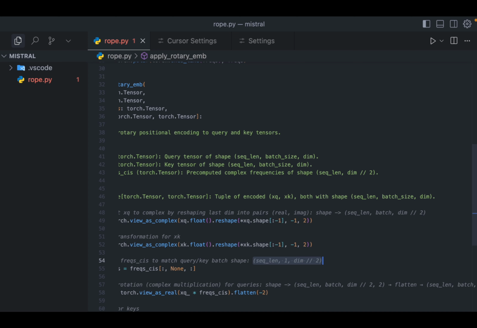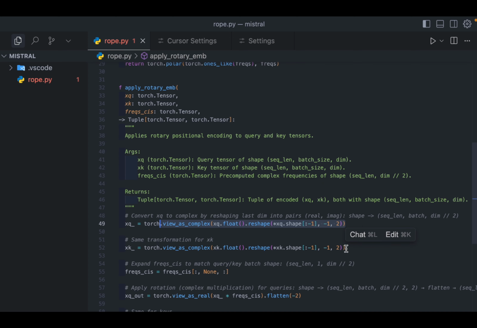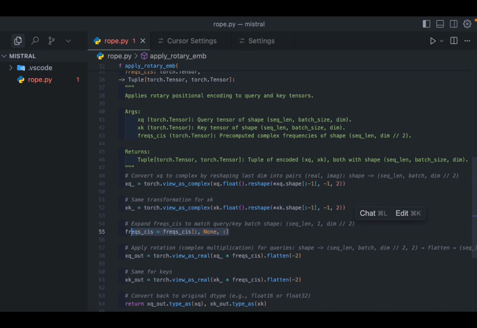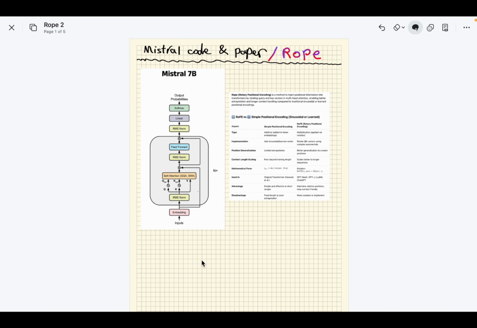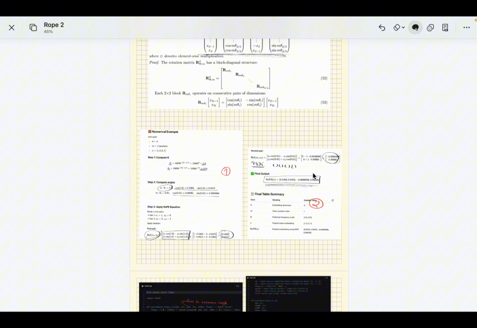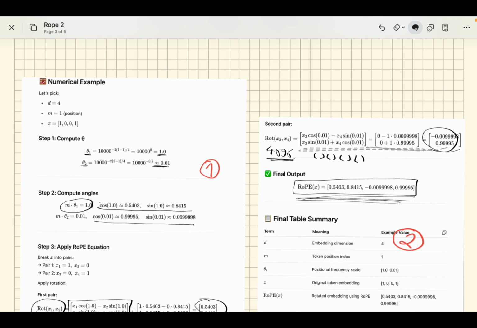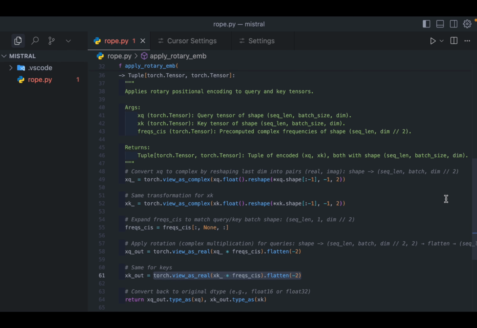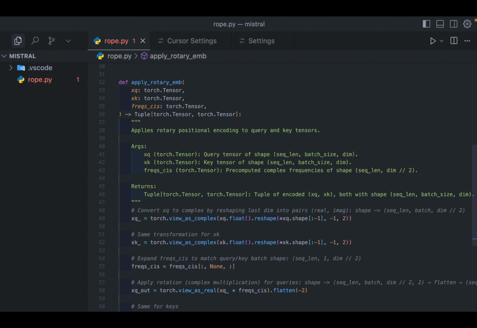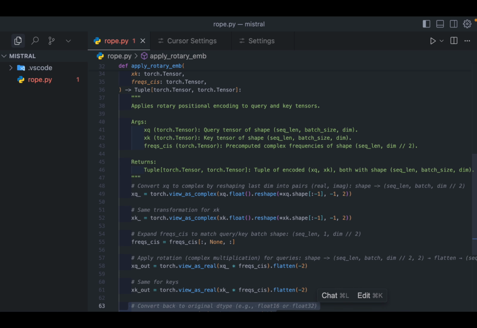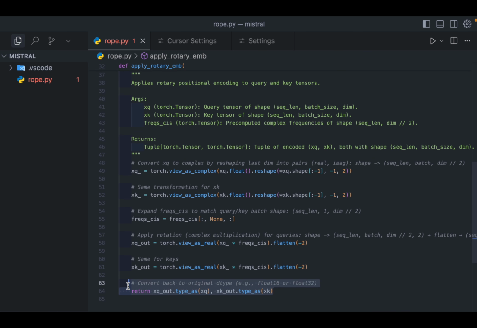Once we have turned the query and keys into complex numbers and added this additional dimension, we do the complex multiplication and then turn them back into real numbers, which is the multiplication and concatenation right here, back in the PDF. We get all the results back from this function: we had Q and K as embeddings, we applied those frequencies, and now we have the positional information for all those tokens.